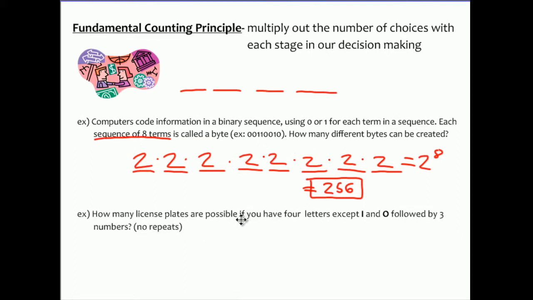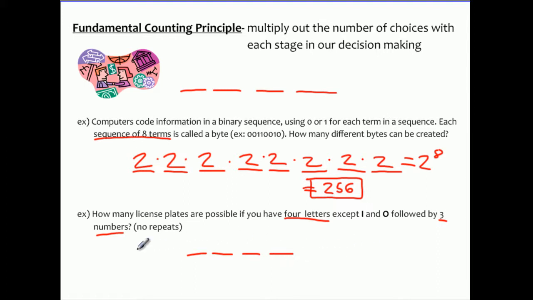How many license plates are possible if you have 4 letters, except for I and O, followed by 3 numbers with no repeats? First of all, you have 4 letters, and then it's followed by 3 numbers. So we require no repeats as well. So if we have 4 letters, I would write 4 blanks. I need to slide a letter into each one of these spots.